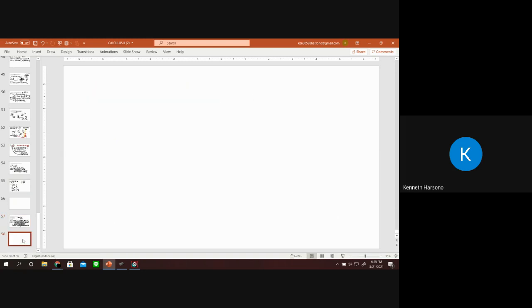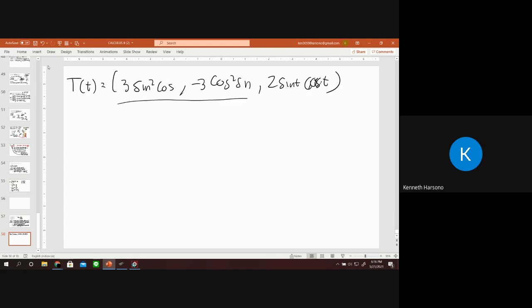And so the T here is 3 sin squared t cos t minus 3 cos squared t sin t and 2 sin t cos t, divided by square root of 13 times sin t cos t.